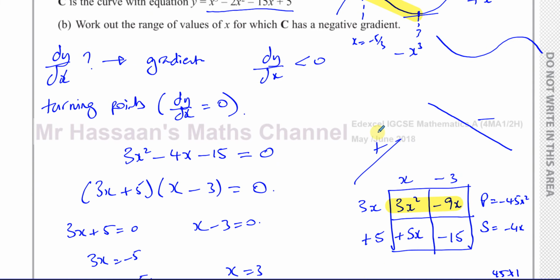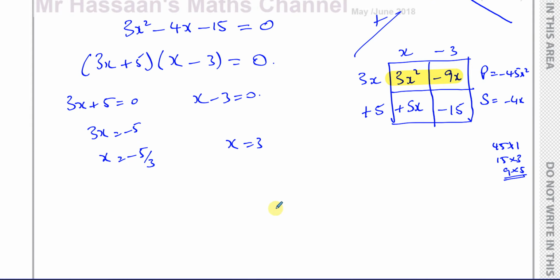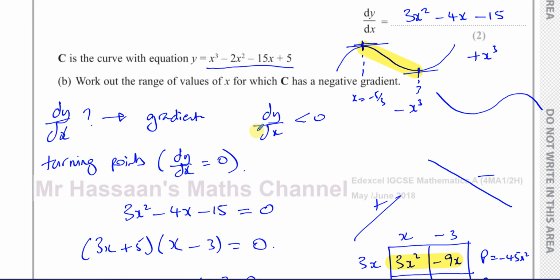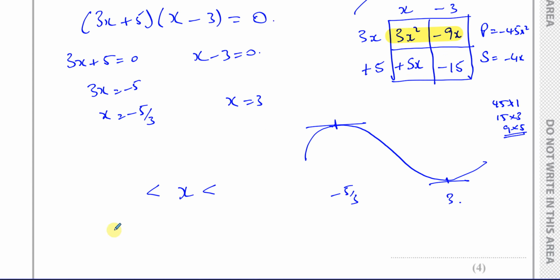So we can see that the curve goes like this. We can see the turning points here, where x is minus 5 over 3, and here where x equals 3. So the x values between which the gradient is decreasing, where it has a negative gradient, are between minus 5 over 3 and 3.